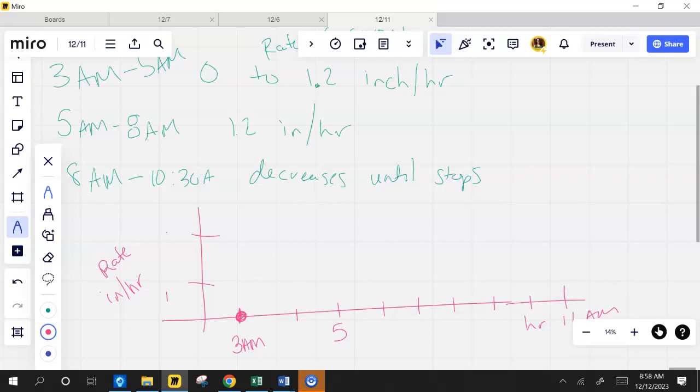So this is 1, this is 2 inches per hour, so just a little past 1, about right here. That rate is increasing. I'm going to assume it's a steady increase, at a steady speed. Then from 5 to 8, it continued to fall at 1.2.